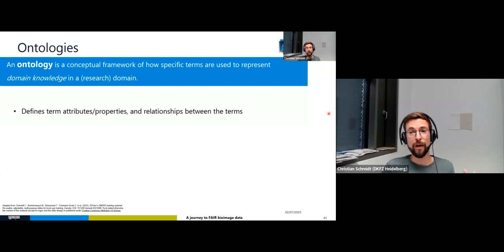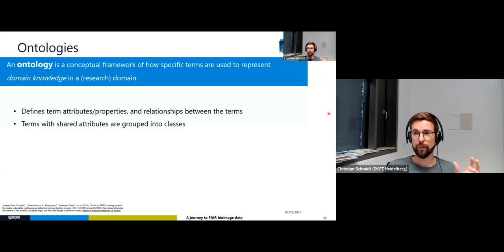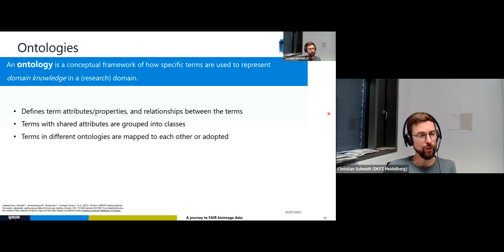And in order to do so, the individual terms, the vocabulary of those domains, is attributed with properties and relationships of the terms. There are specific groupings into classes of the individual term instances that it has, and you have different ontologies in different research domains, and they can also be mapped to each other. So maybe you want to describe a specific cell in the context of all the cells that you know, or you want to describe it in the physiology of the immune system.